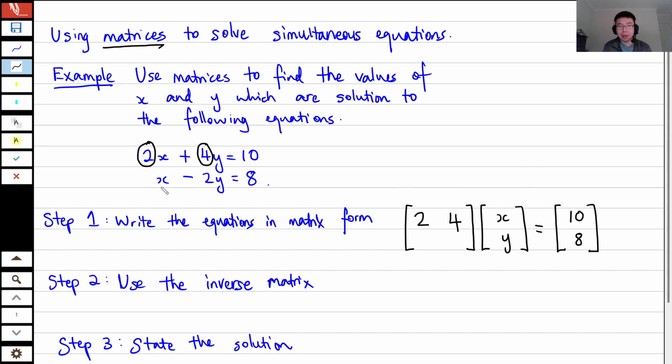Now here, I have x on its own. It looks like there's nothing there, but we shouldn't write the number 0 because when we say x, we actually mean 1x or 1 times x. So the coefficient here is actually 1.